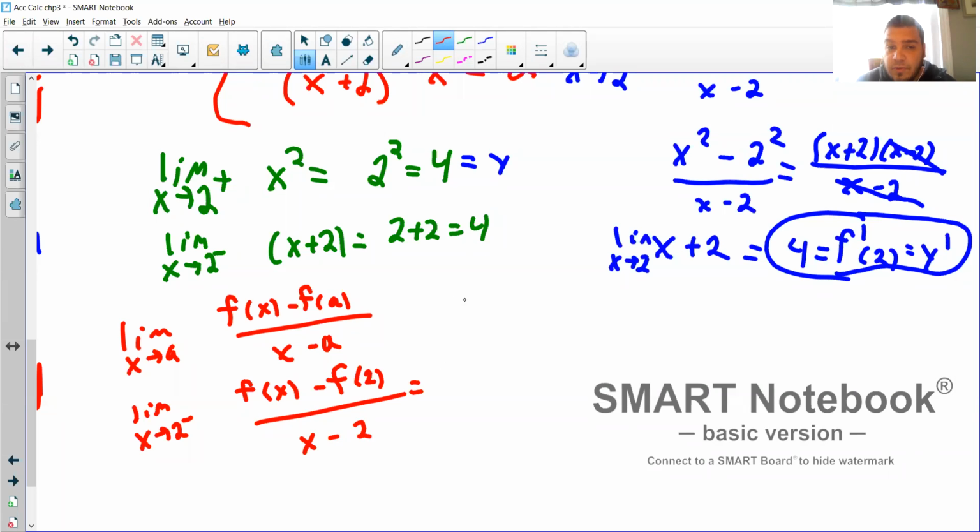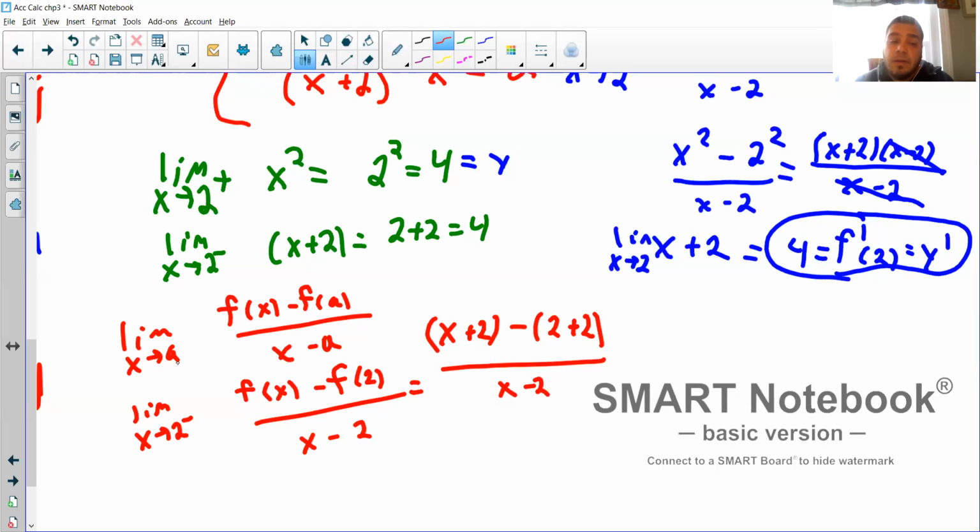We can plug it into the function. So it's x plus 2 minus the quantity 2 plus 2, all over x minus 2. If I replace the x with 2 right now, I'll have a 0 in the denominator.